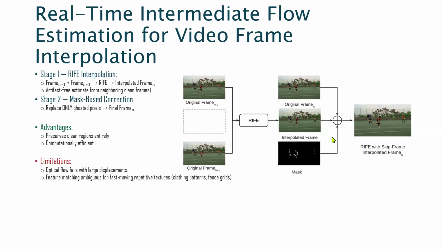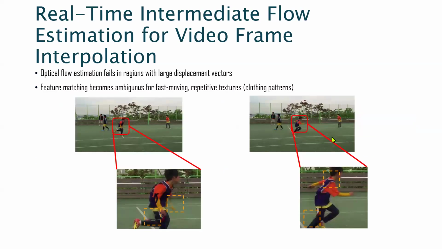The problem is that optical flow estimation fails in regions with large displacement vectors. Although there is no hand here, the moment it generated the frame, there were very minute pixels generated. Here we do not have that much artifact, but it adds some artifacts in that region.